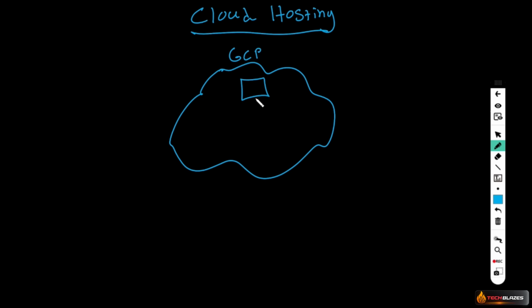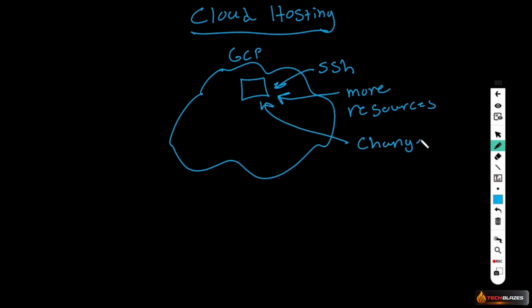Your server, you're going to be able to SSH into it. You're going to be able to give it more resources on demand. You're going to be able to change the IP address, right? Like with cloud hosting, you just get a lot more features, but you also lose a lot of convenience.